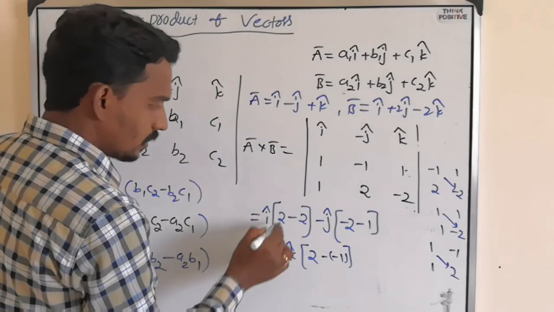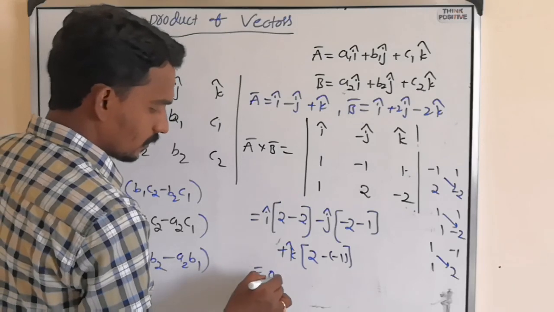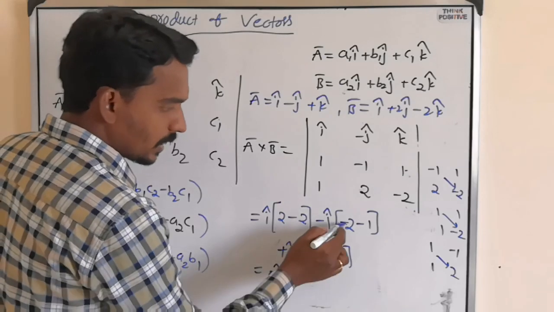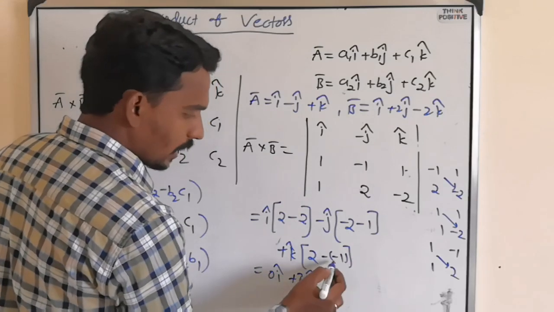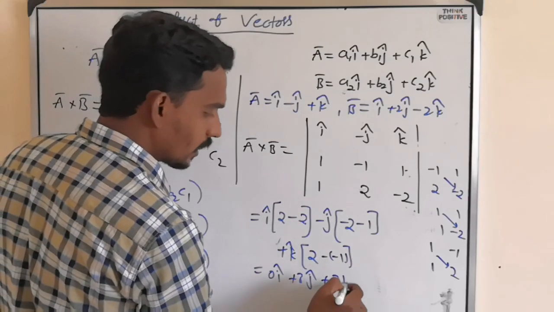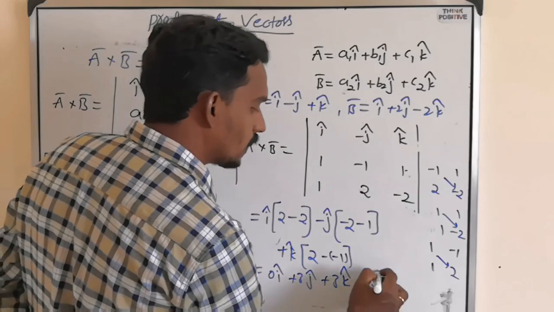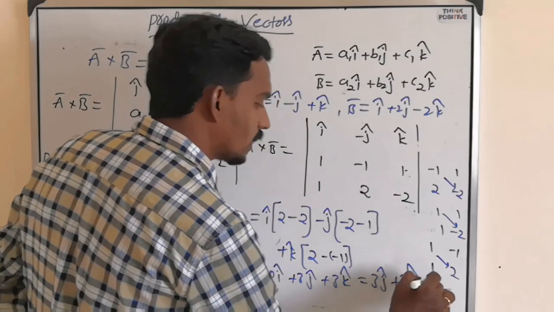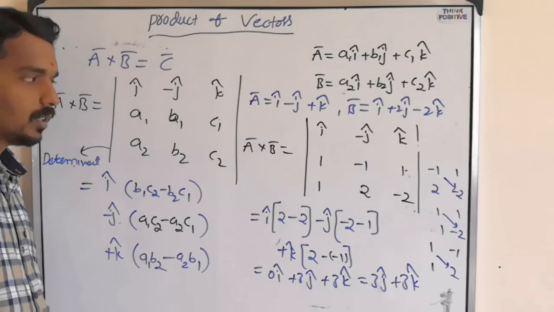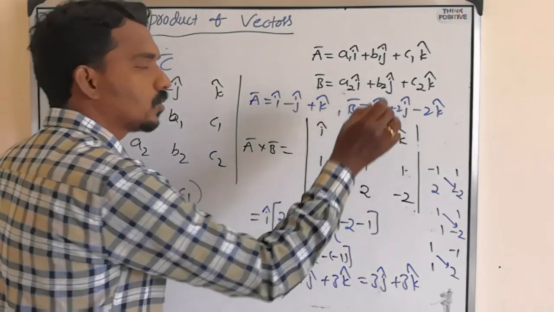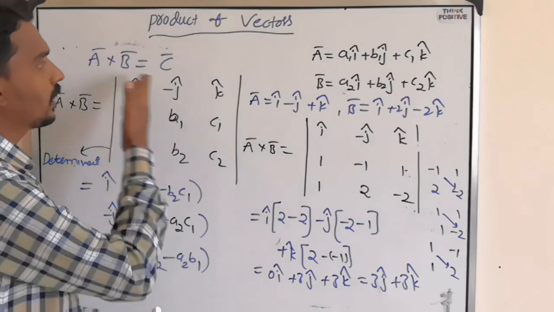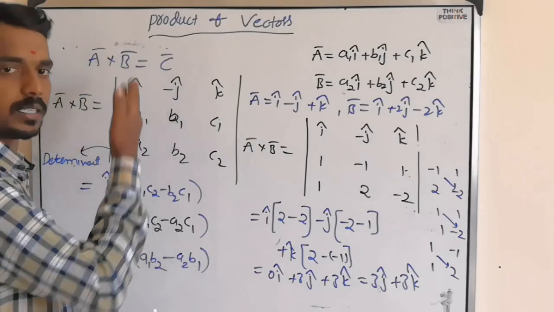Then this is 0. This is minus 3. Minus of minus is plus 3. So we get 3j cap plus 3k cap. This is the vector product of these two vectors, where we have written a bar cross b bar as c bar.